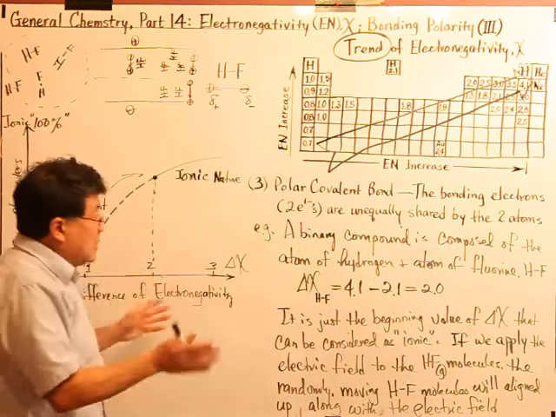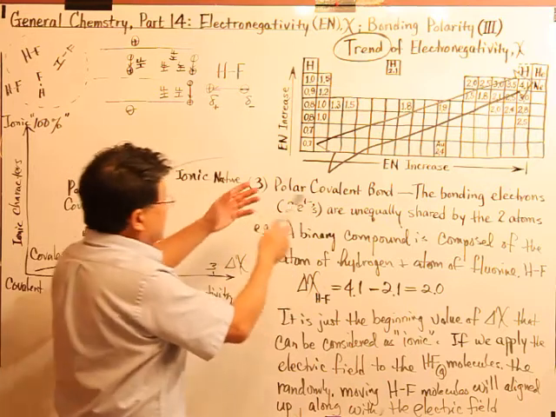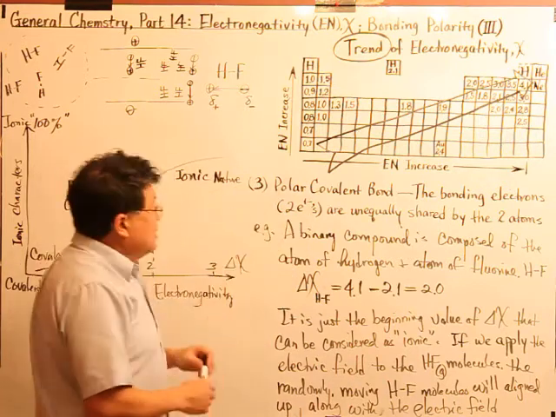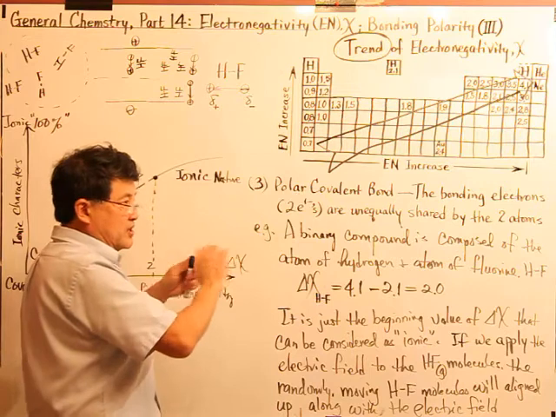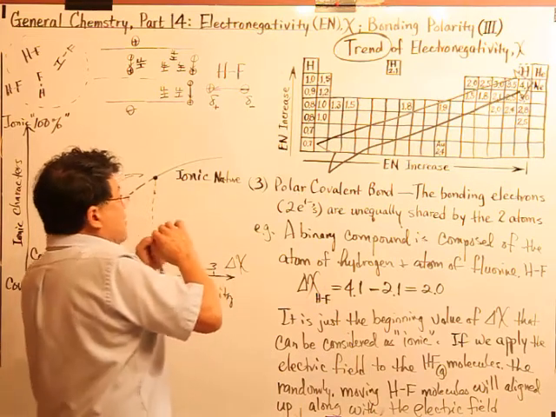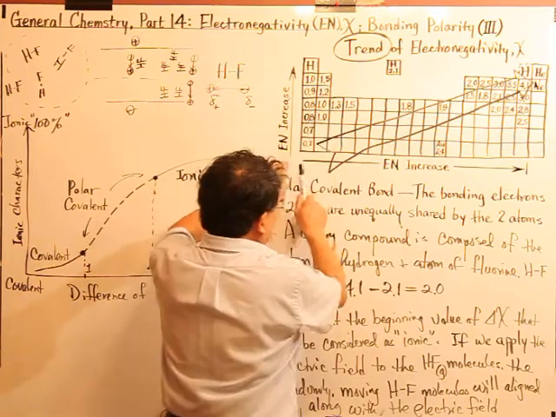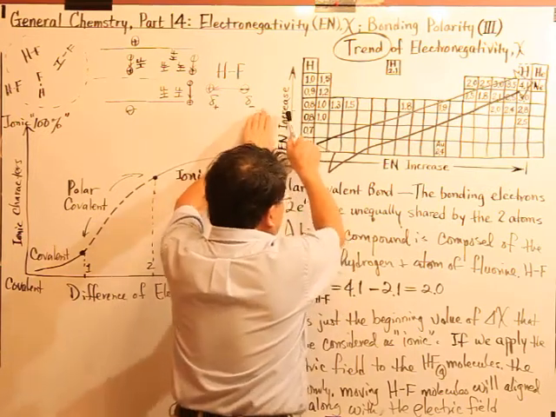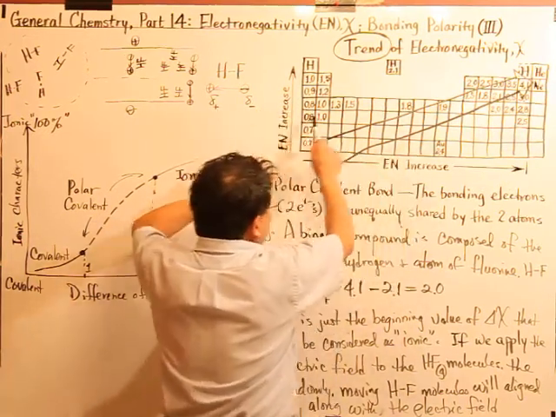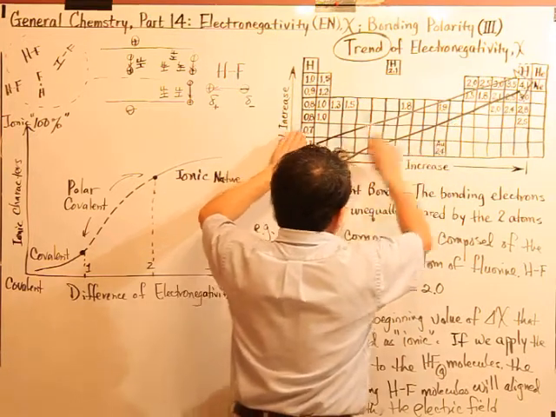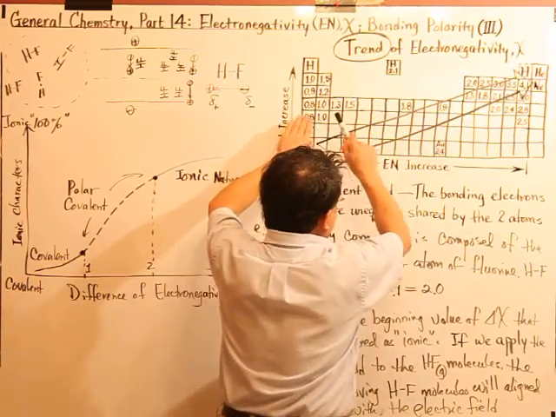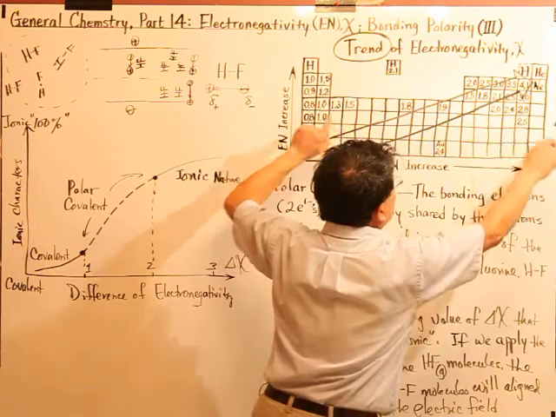Here it doesn't give you this kind of trend, but gives you a tendency. It's not necessarily periodicity, but it is periodic. You go from the left of the period, the value of electronegativity for each different element, one by one, gets slightly greater and greater.